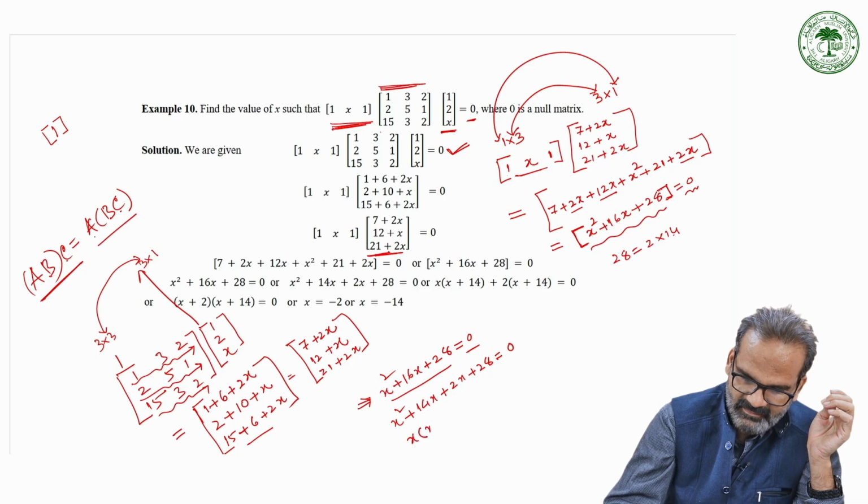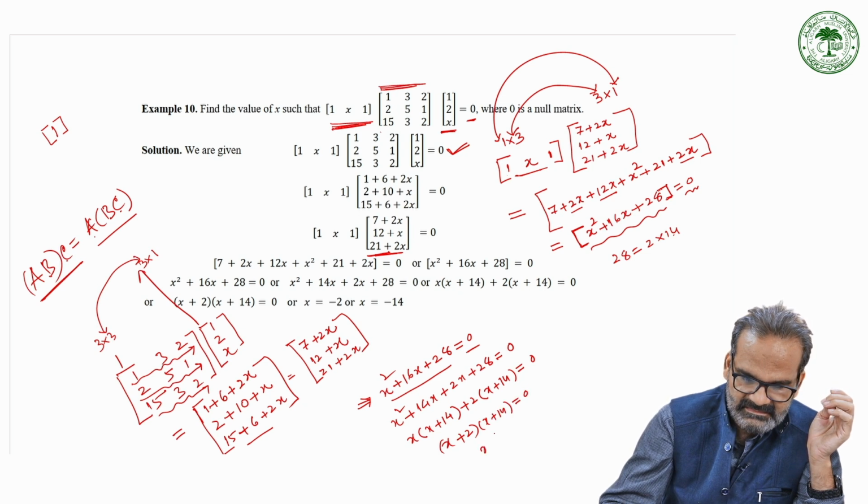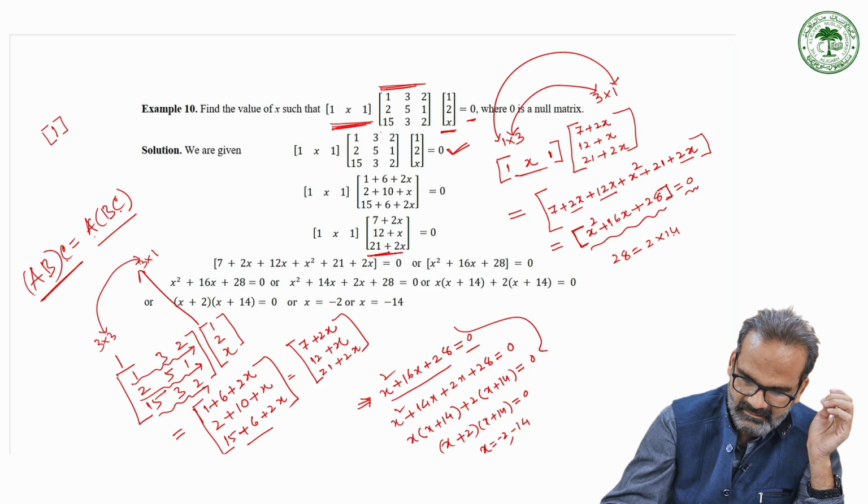Now take x common, x plus 14 is here. Take 2 common, x plus 14 is here. This is equals to 0. So what we will get, x plus 2 and x plus 14 is 0, and this implies x is equals to minus 2 and minus 14, right?